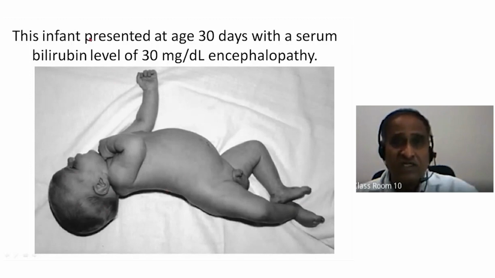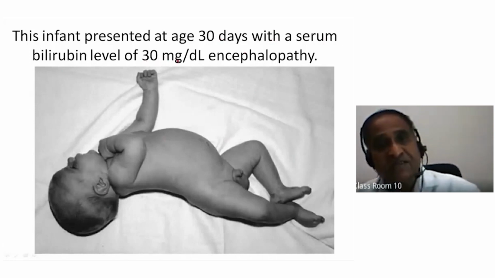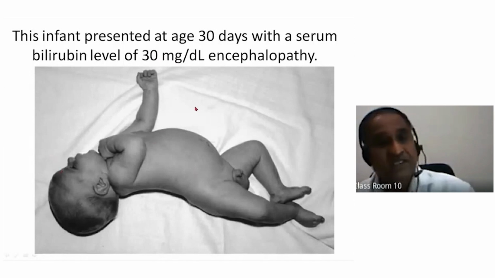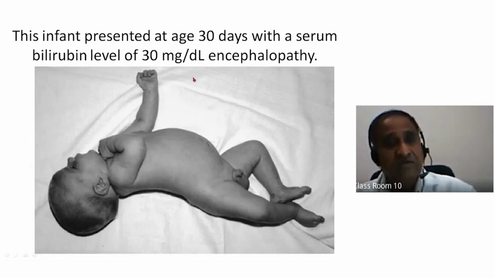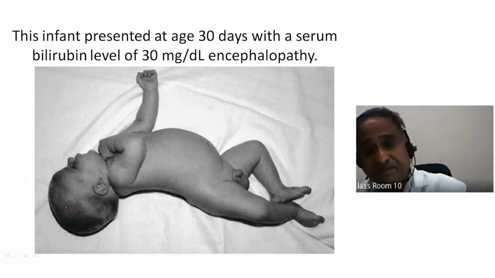And this infant, presented at the age of 30 days, has a serum bilirubin level of 30 milligram per deciliter, and it has produced encephalopathy. So for that reason, one has to be very careful when children have a very high bilirubin level that may produce irreversible basal ganglia abnormalities.